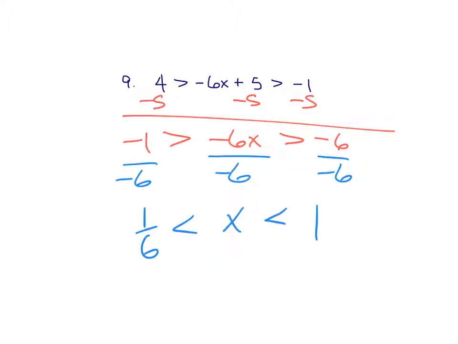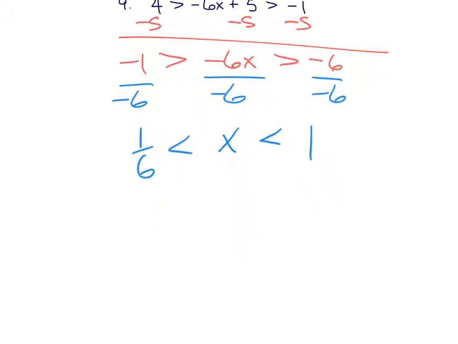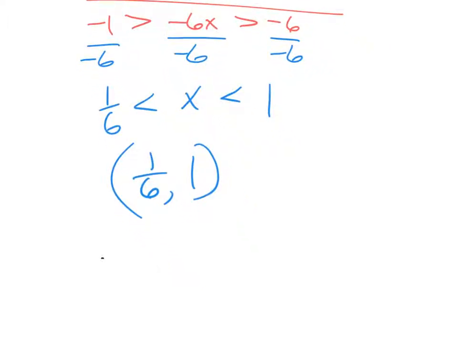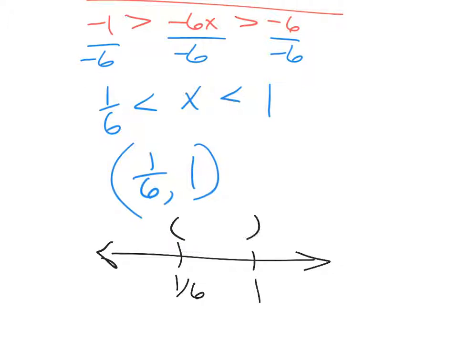Notice the negative divided by negative, my answers became positive. So now I would graph. In interval notation, parentheses around the two numbers. And on the number line, 1/6 and 1, parentheses, parentheses, connect in the middle. The old way would have been open circles.